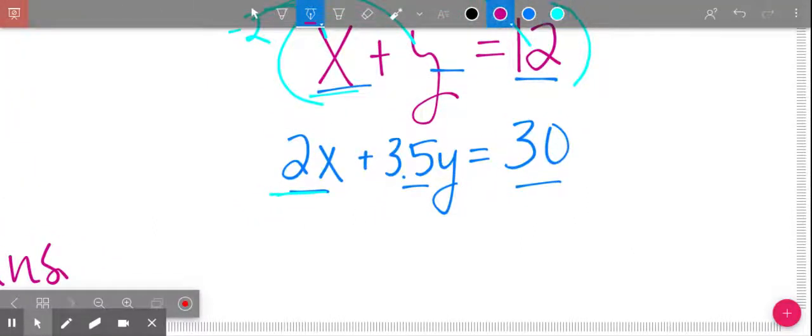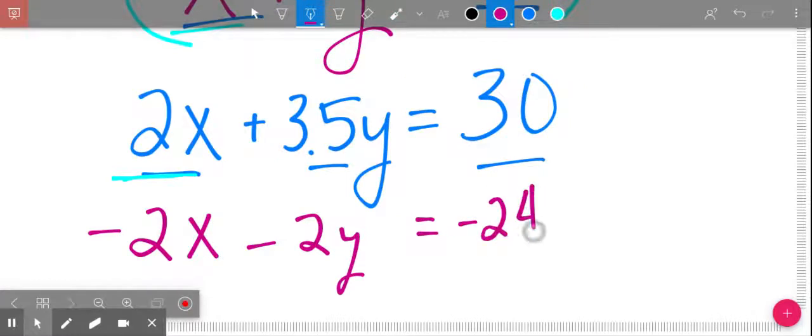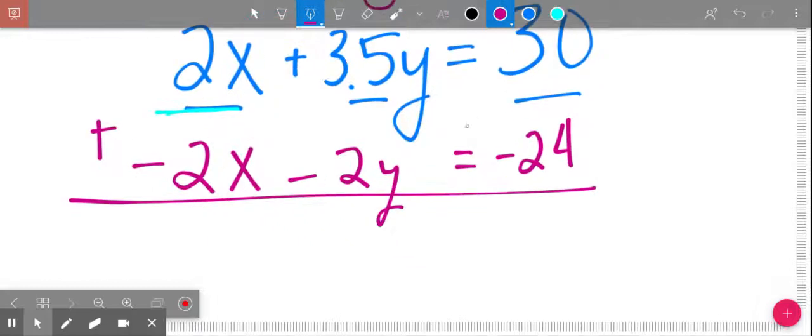So -2 times x becomes -2x. -2 times y becomes -2y. And -2 times 12 gives me -24. So now we're just going to add everything together. 2x plus a -2x cancels out, gives me nothing.